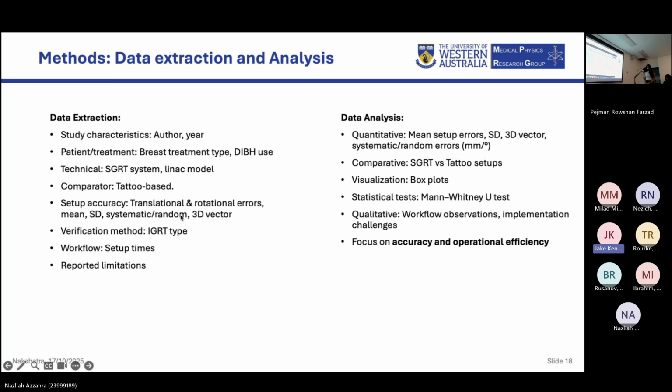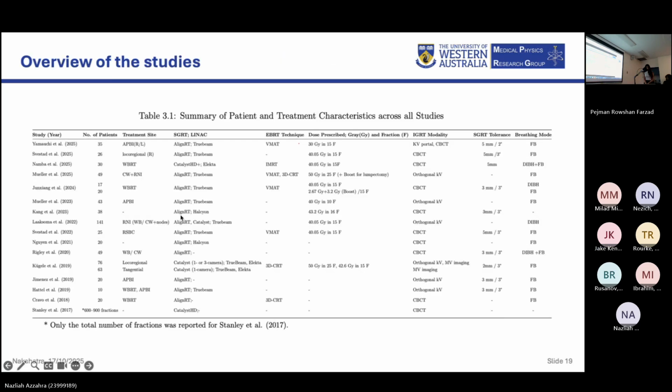And these were quantitatively analyzed by looking at different error metrics, visualized using box plots, and analyzed with a significance test. Qualitatively, I summarized workflow observations and implementation challenges with a focus on setup accuracy and operational efficiency.